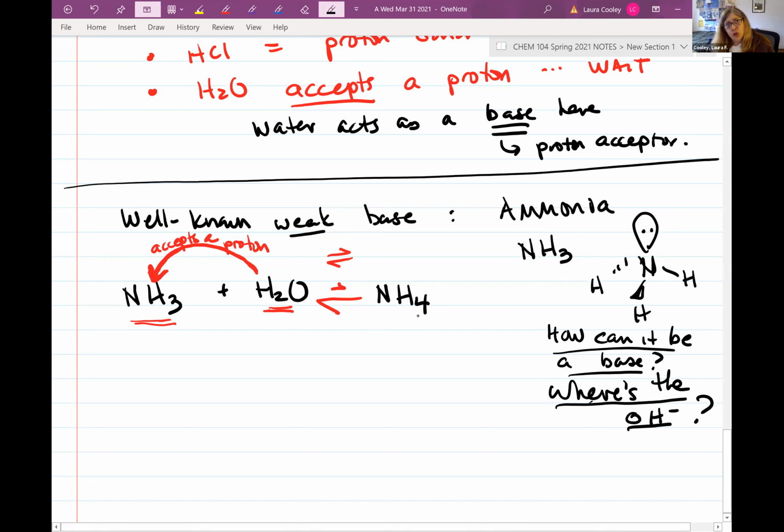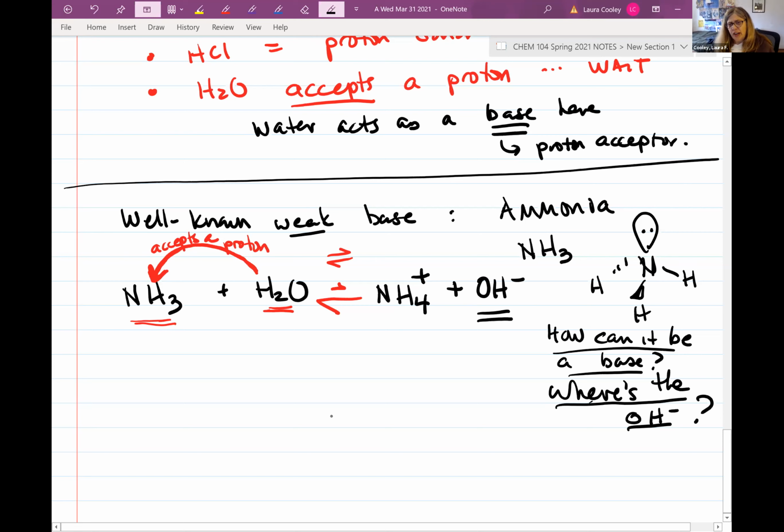Will it still be neutral? No, because it accepts a proton, and a proton has a positive charge. Okay, so I took an H plus away from water here. What stays behind? When you remove an H plus from H2O, what do you have left? OH minus, exactly. There's your OH minus.